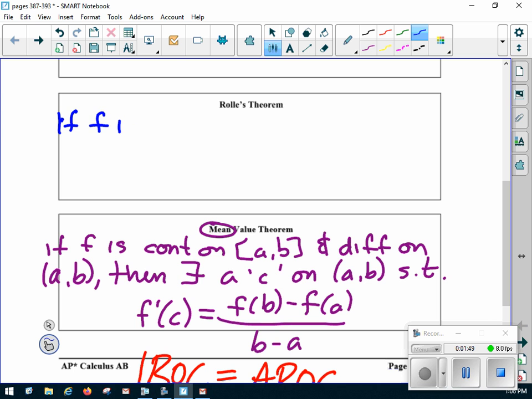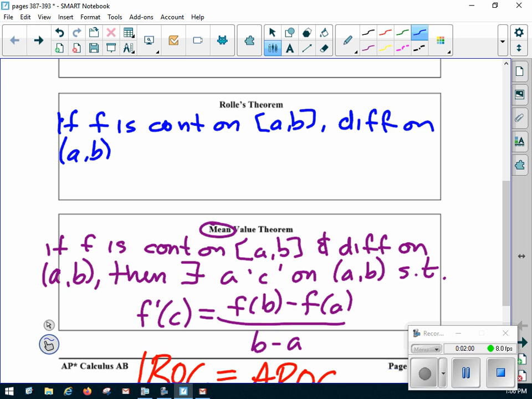If f is continuous on the closed interval, differentiable on the open interval, and what? F of a equals f of b.